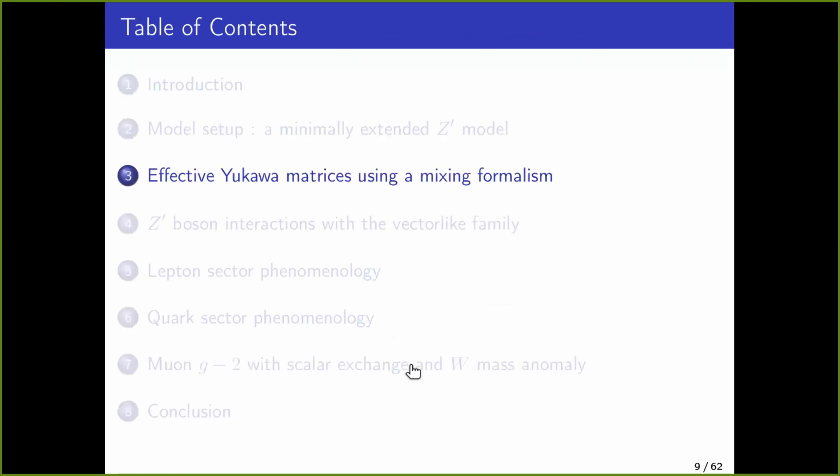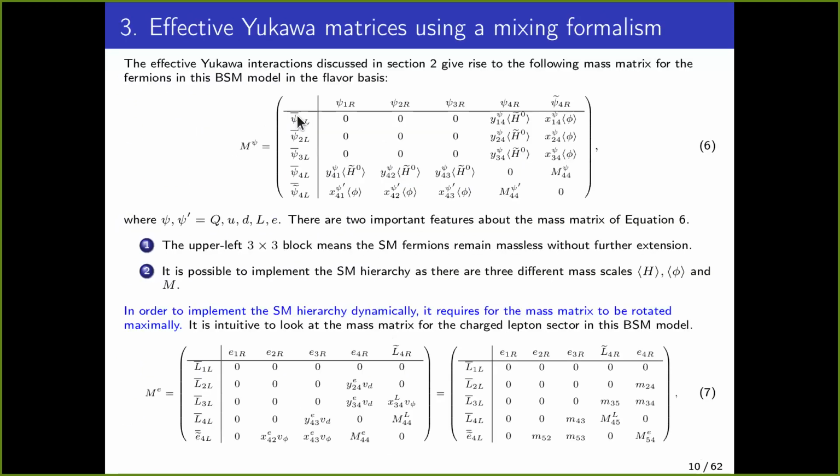So let me move to the effective Yukawa matrix using a mixing formalism. In our model, if we consider all the fermions, our model features this matrix. Here, there are two important features. The first is that the upper left 3 times 3 block, the standard model fermions, remains massless without further extension due to the assigned Z prime charge.